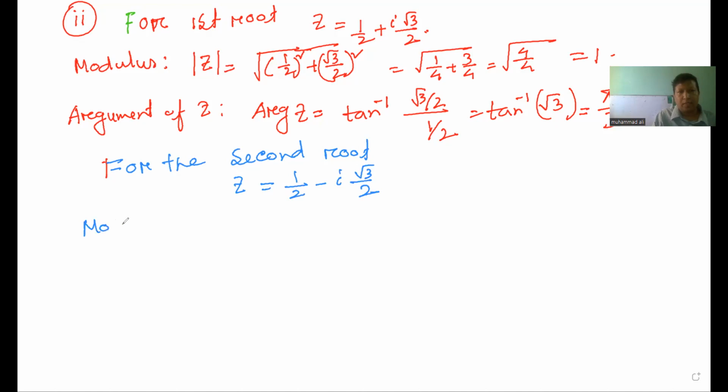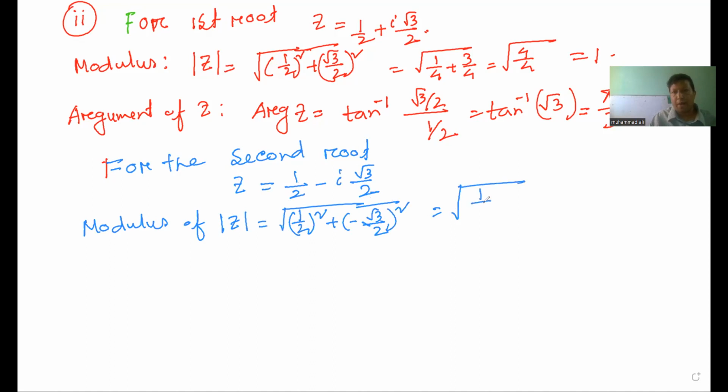So the modulus of z equals root over 1/2 whole squared plus minus root 3 by 2 whole squared. So it will be 1/4 plus 3/4. So finally we get 4/4. Again we get the modulus of z equals 1.